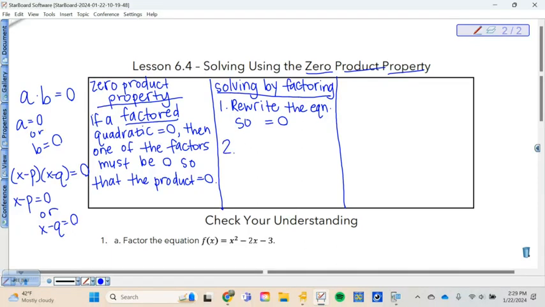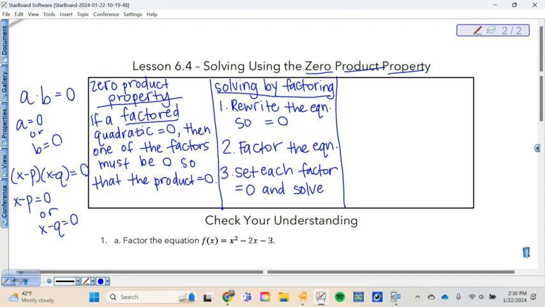And then once we have it set equal to 0, we can factor the equation, get it into that factored form. And once we've factored it, then we set each factor equal to 0 and solve. It'll just be either a one-step or a two-step equation. It's really easy to solve from there.